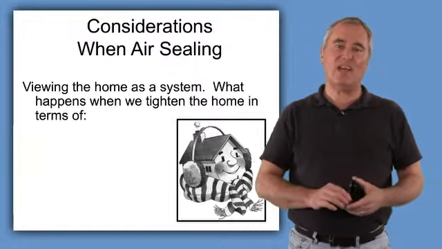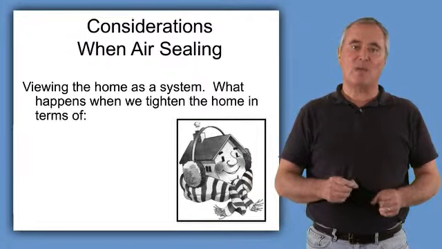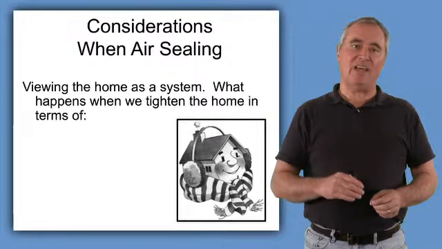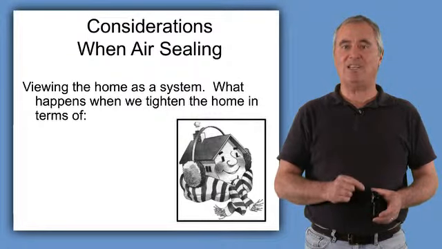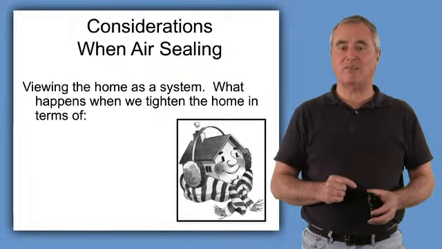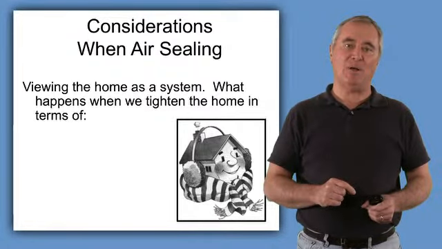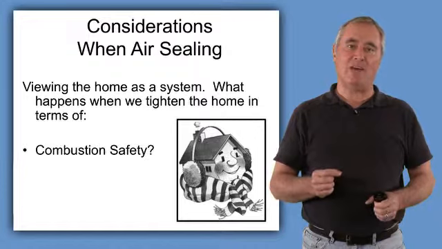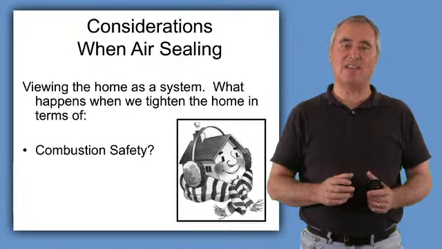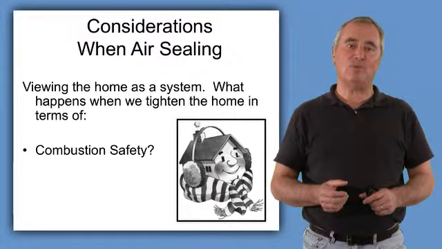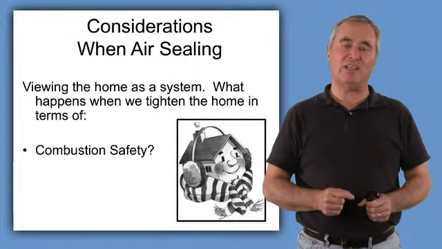So one thing that we have to be cautious of as we air seal buildings is that it can have a negative impact on other building features. So as we air seal or tighten a conventional building, what happens to the combustion safety in that building? As we tighten it up, we make atmospherically vented combustion appliances that are located inside the house potentially more dangerous. They don't have as much free air communication with the outside.